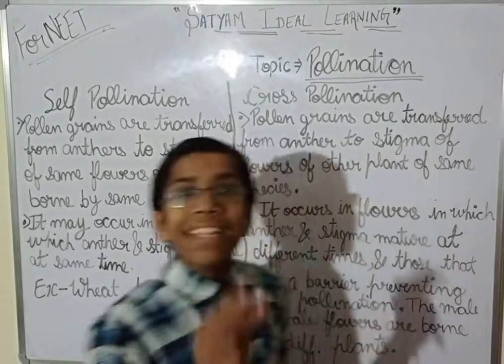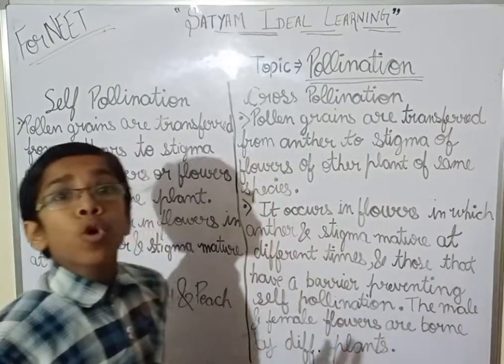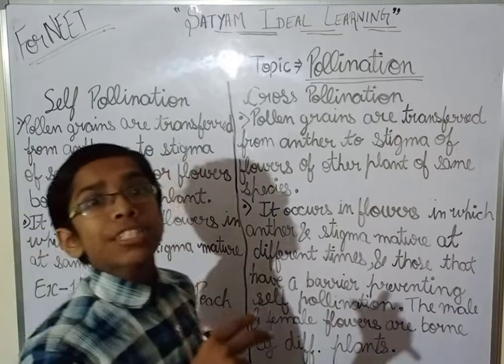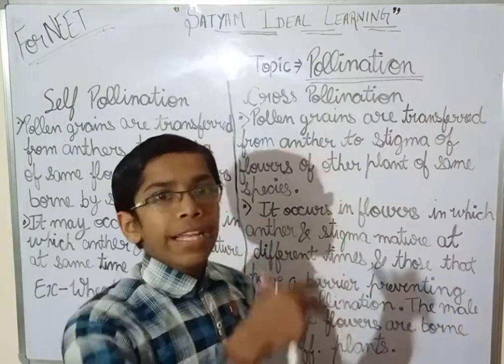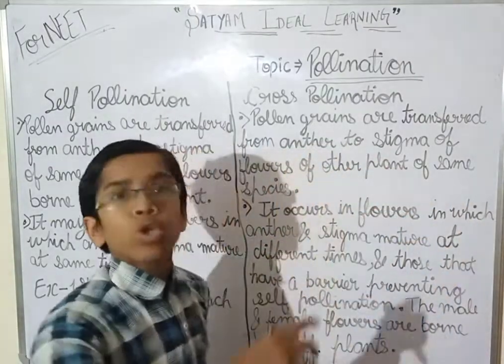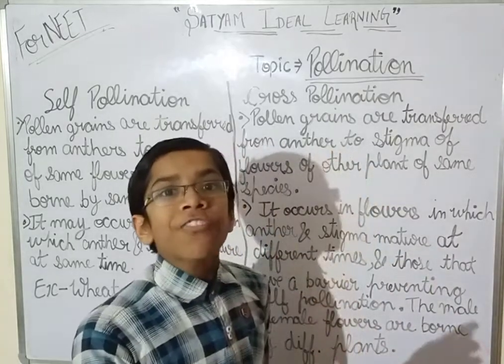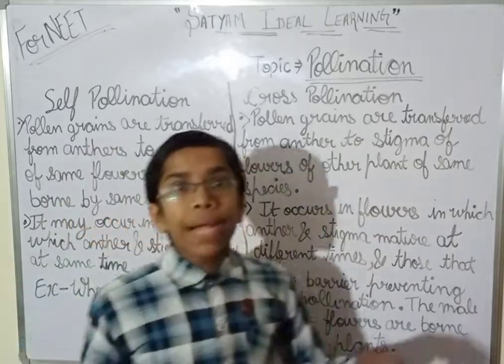When the anther matures, it produces pollen grains, and then the pollen grains go to the stigma. They are very light, they float in the air and they go to the stigma of the same flower or of that plant only.